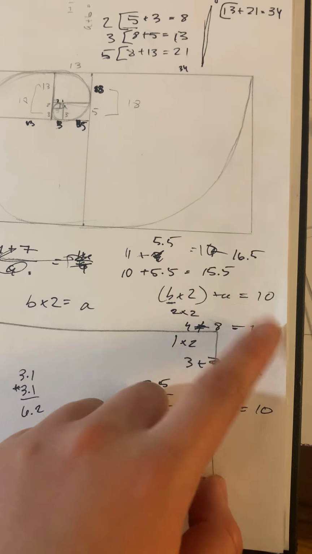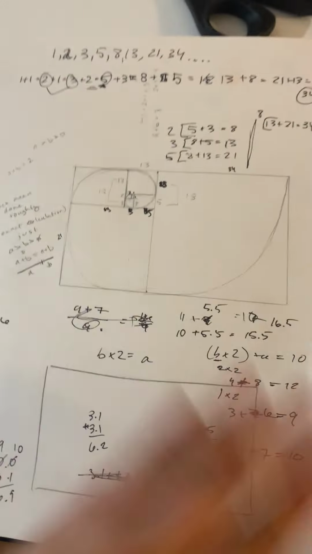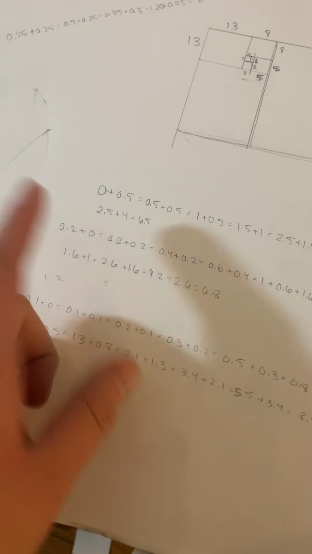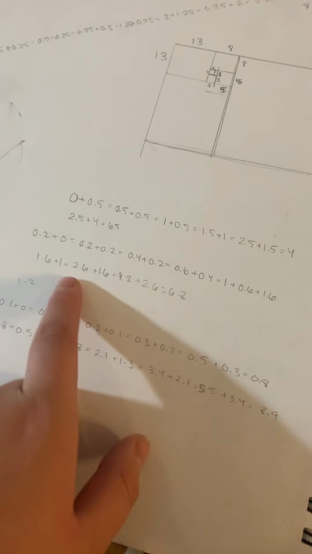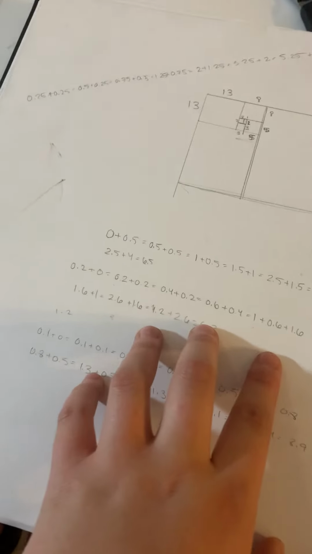The b times 2 plus a thing didn't really work at all. It just got me confused, and I ended up not understanding any of those types of things. Same goes with 0.2, it would just keep on going with the sequence. Same thing with 0.1, same thing with 0.25.